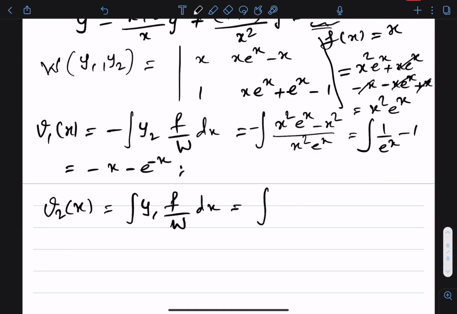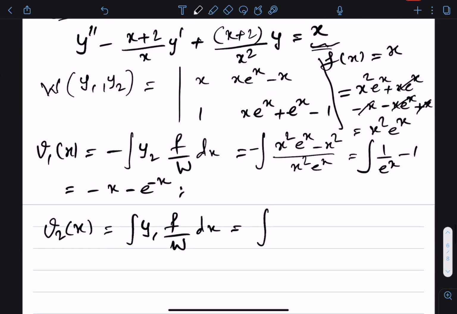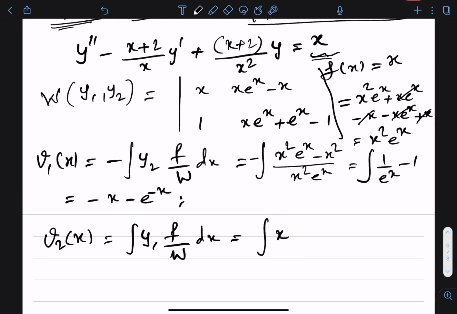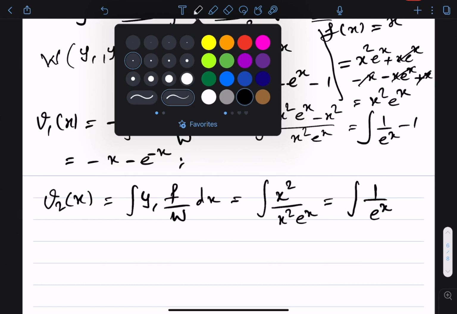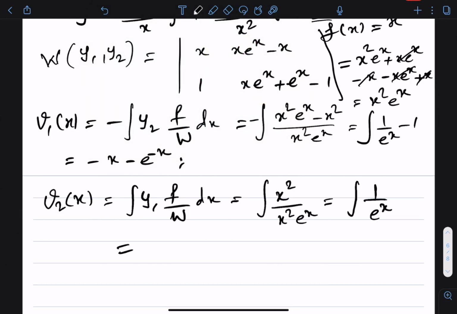Okay, y1 is something that you know, y1 is x and f is x, so x square by x square e power x, which is the integral of 1 over e power x. So this, if you integrate, is precisely minus e power minus x.